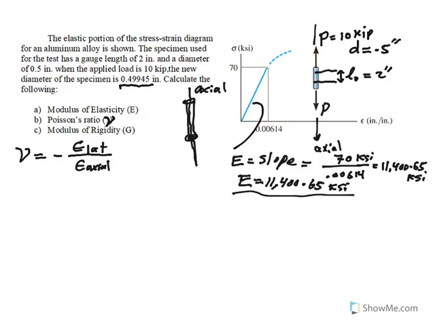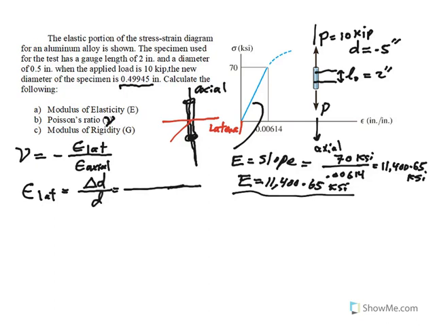And the directions perpendicular to that, be it like that, or coming out of the board like that, would be the lateral directions. So the red is lateral. Lateral here is the direction of the diameter. If we use the definition of epsilon, which is change in whatever over the original, in this case change in diameter over diameter, that would be the lateral strain.